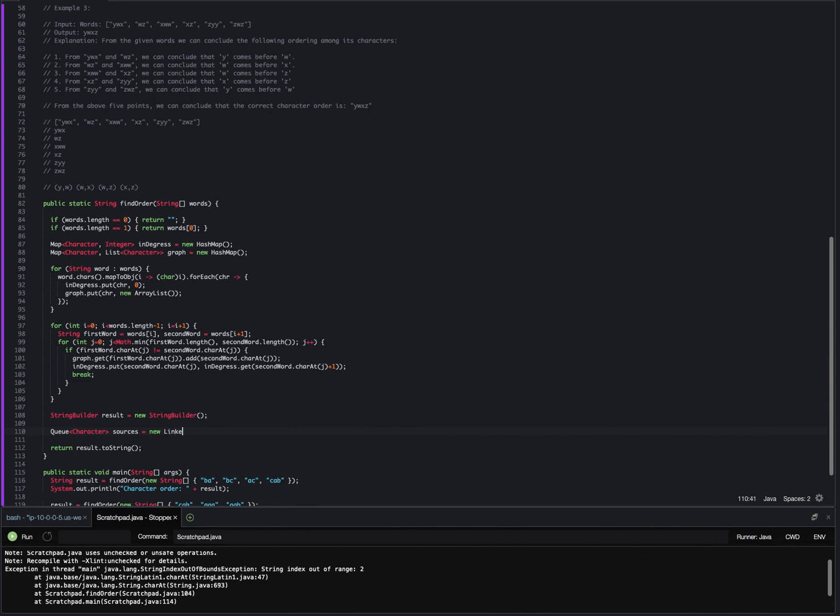So let's do that. Now we're going to populate the sources queue with just the sources that we have currently available, and we can find that from the in-degrees.